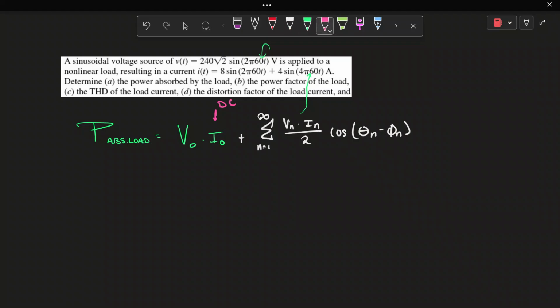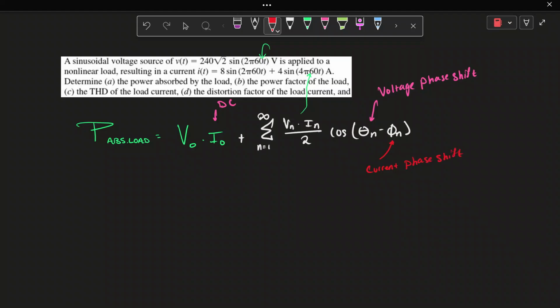Now, just to clarify, this is the voltage phase shift, and this here is the current phase shift.